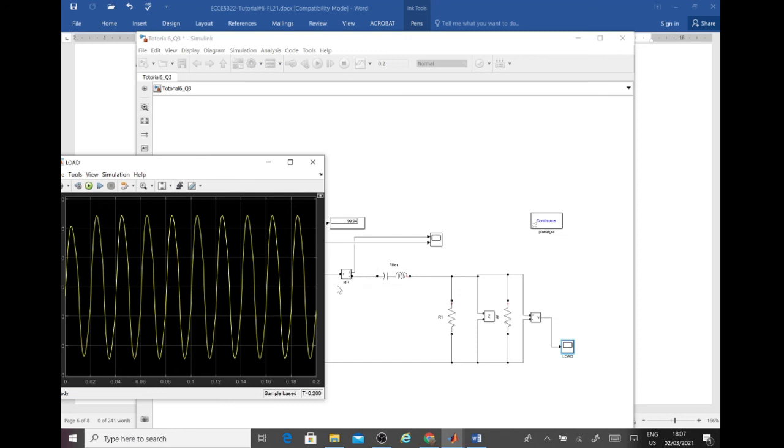Most of the harmonics are blocked. We are able to pass mainly the fundamental component. So the fundamental component went to the load, but most of the harmonics are not allowed to go to the load.